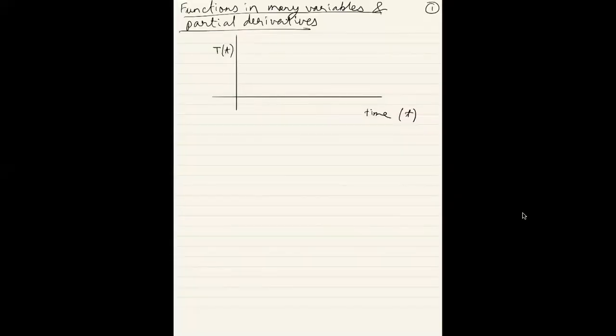If you are in, let's say, Washington, DC, and this is January, and this is a periodic function, but let's say we start from January to December, we expect this function to look something like this: it's cold, then it rises, and then it goes back again.